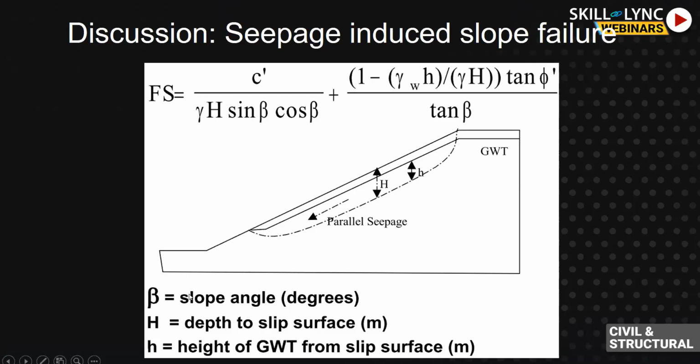As we discussed previously, for this particular slope, the slope angle is about 26.5 degrees, because it is a 1:2 slope. H is the depth of the slip surface, which is this one. And small h, which we can see here, is the height of the groundwater table from the slip surface. This controls the pore water pressure on the failure surface. Gamma is the unit weight of the soil, and gamma w is the unit weight of water, which, as we previously mentioned, is typically about 10 kilonewtons per cubic meter.